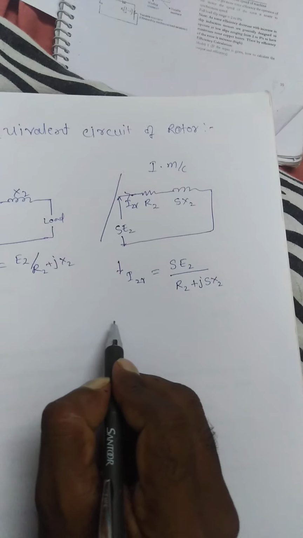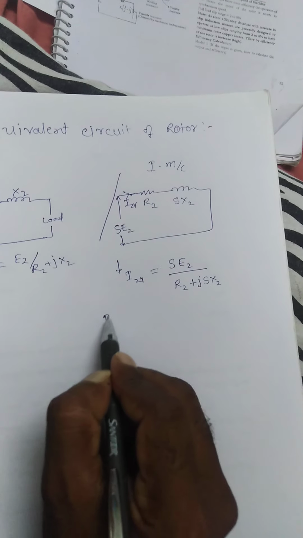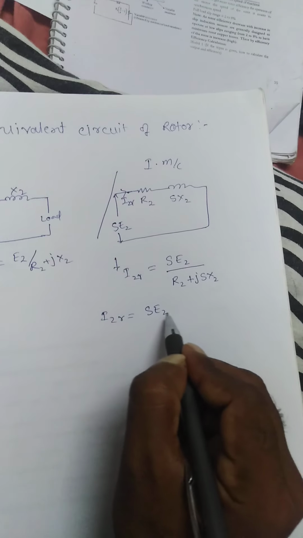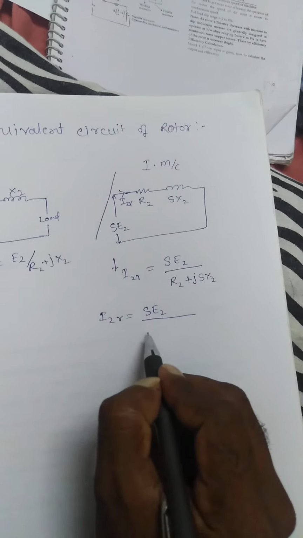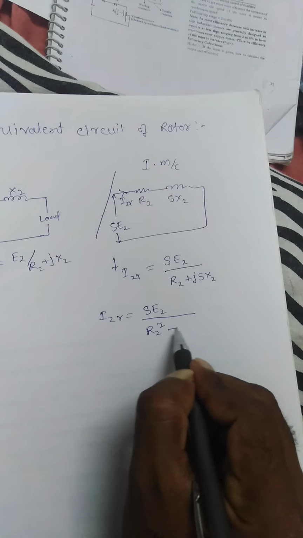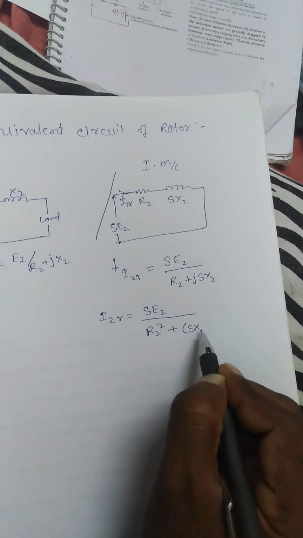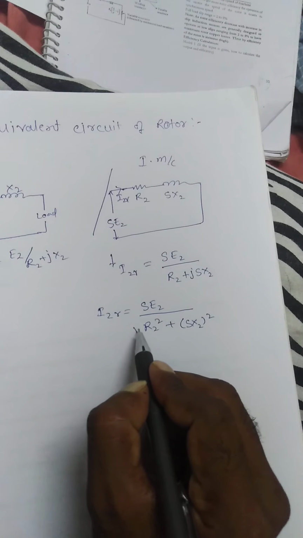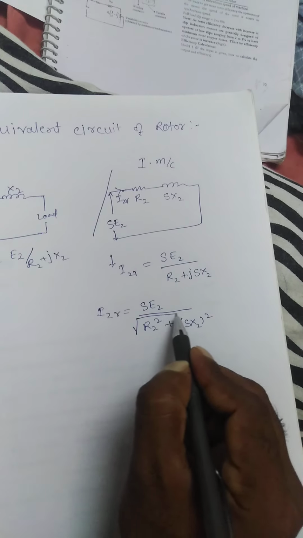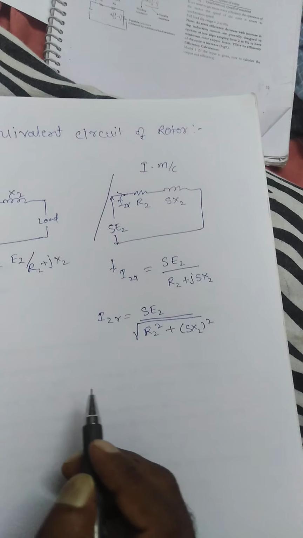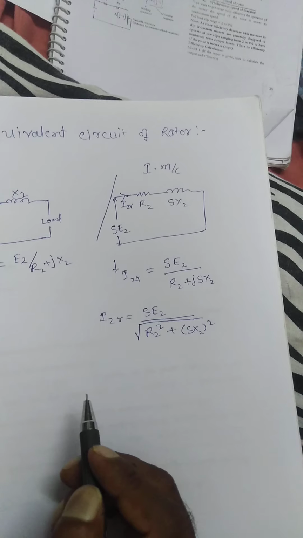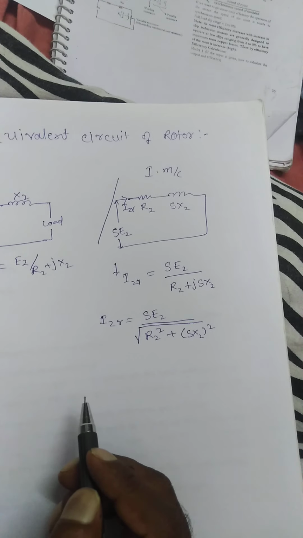or I2r equals sE2 by the square root of R2 squared plus (sX2) squared.